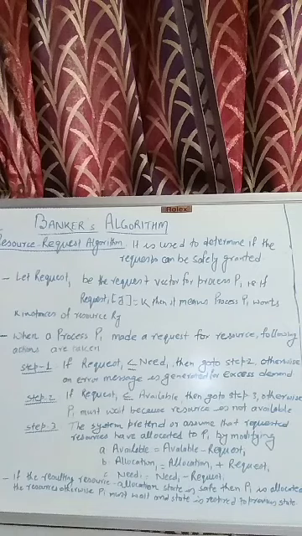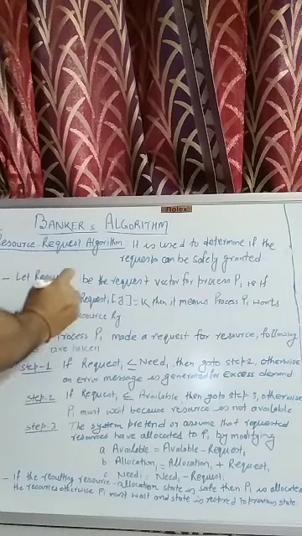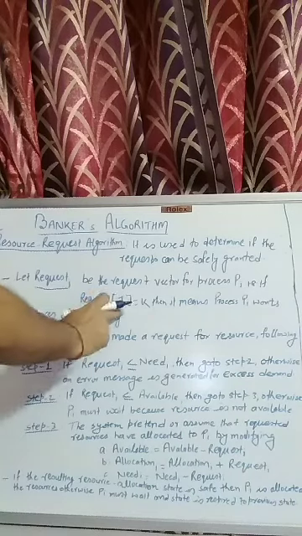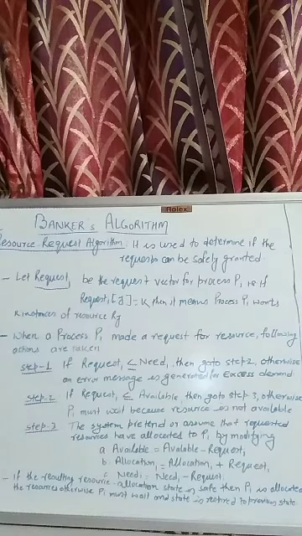Now for this algorithm, let request I be the request vector for process Pi. That is, if request I of j equals k, then it means process Pi wants k instances of resource Rj.